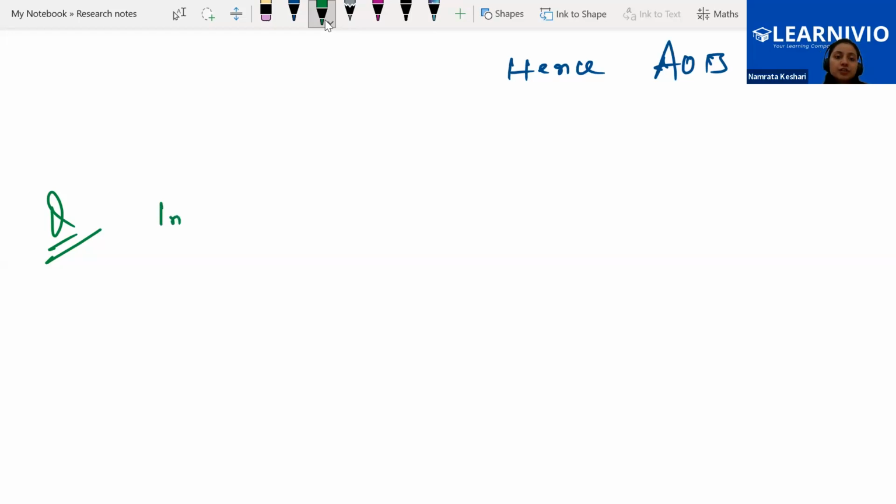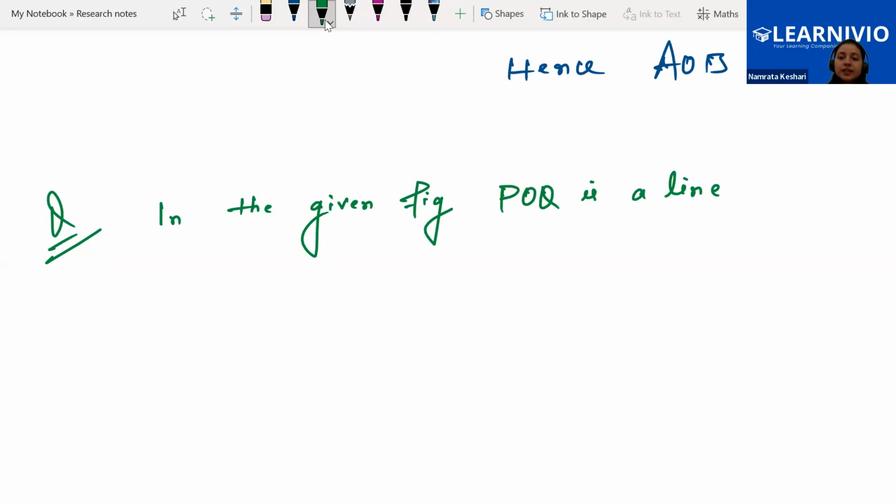In the given figure, POQ is a line. Ray OR is perpendicular to line PQ.